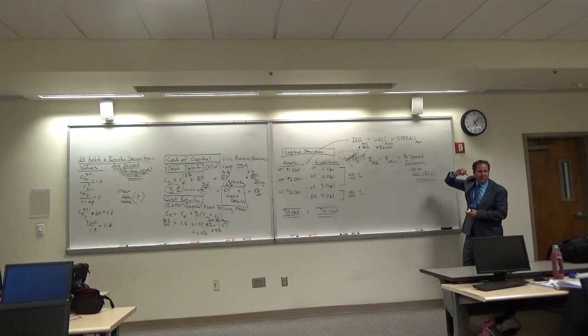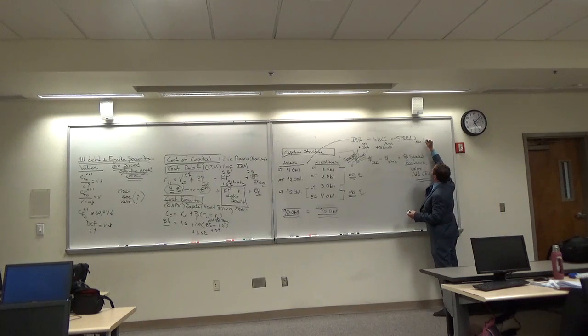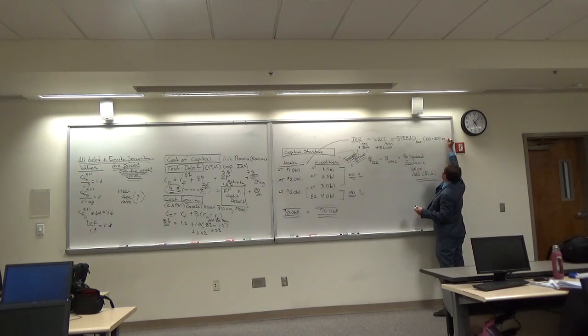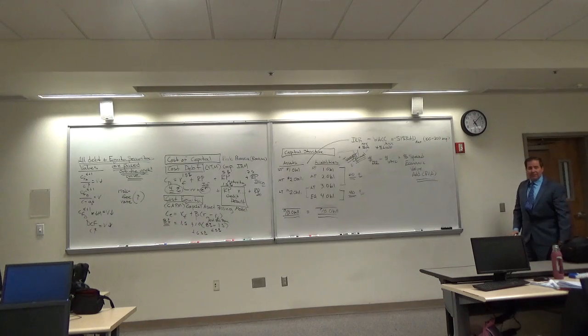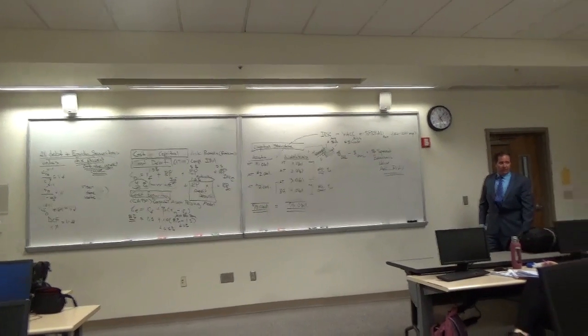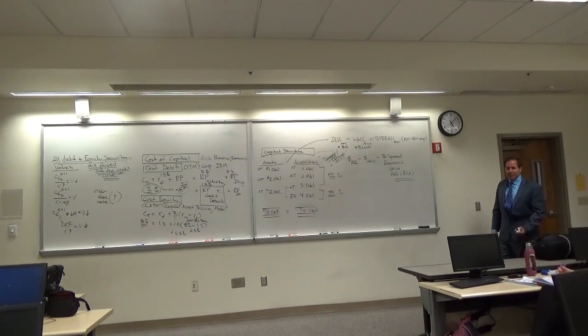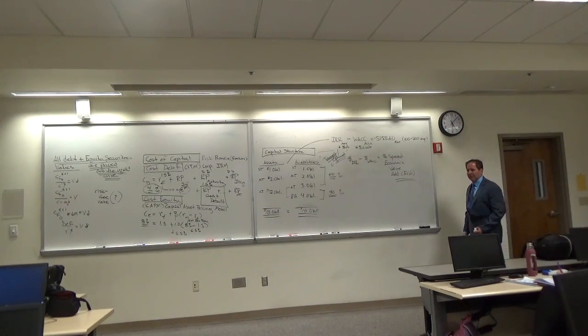These spreads, on average, have to be 100 to 200 basis points. If you can target that over time, your company will live forever. You will be profitable, and you will maximize shareholder value forever.